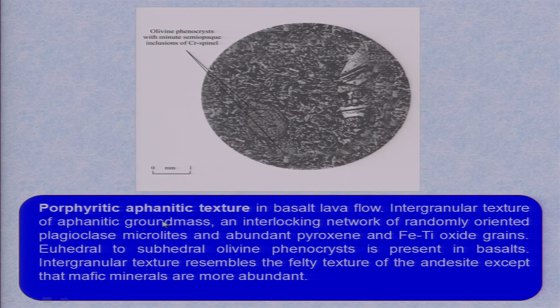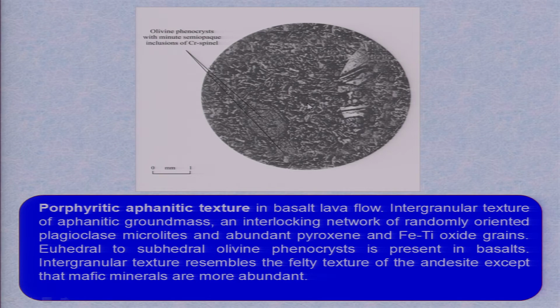Now, I am citing another example of porphyritic aphanitic texture in basalt lava. Basalt is also a lava flow. It has intergranular texture of aphanitic groundmass, an interlocking network. Interlocking network means the grains are interlocked, and the interstitial space is occupied by magma.